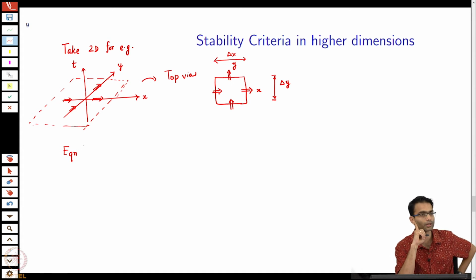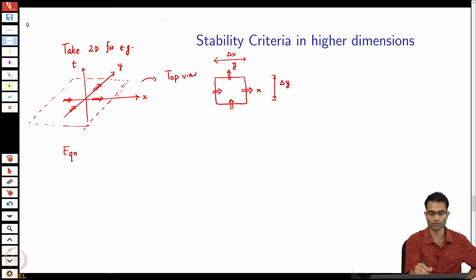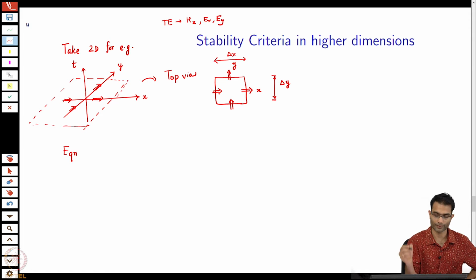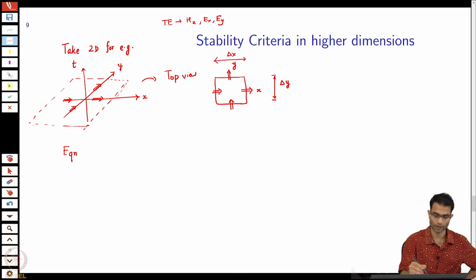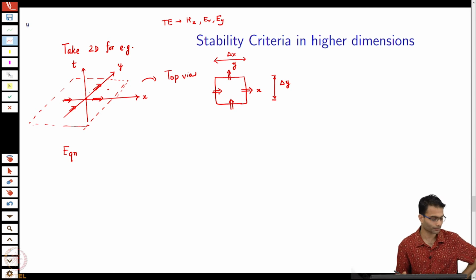We can use the equation dH by dt is related to curl of E. Okay, so we are looking at again which polarization? We are looking at TE polarization. So TE polarization will have Hz, Ex, Ey. So these arrows refer to values of what? These unknowns correspond to what? Ex and Ey. And where is my Hz? It will be in the middle over here. Okay, or I can also choose it over here, does not matter.